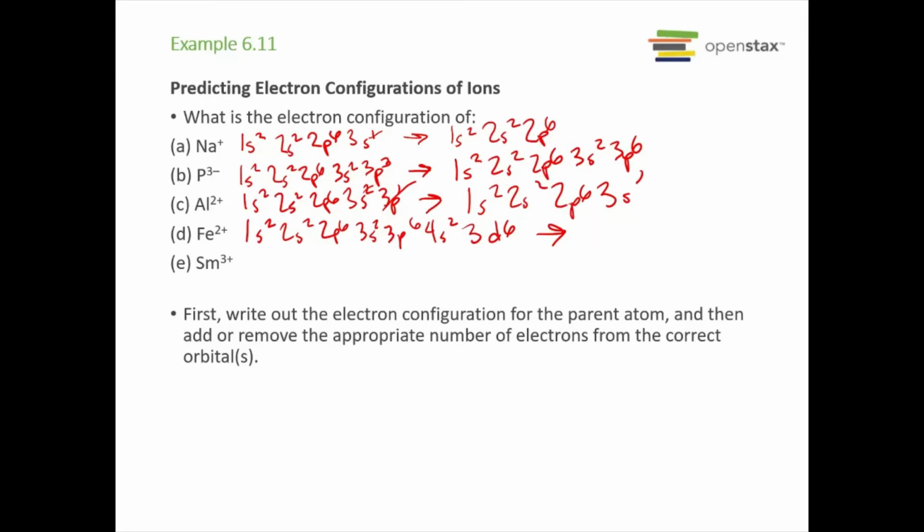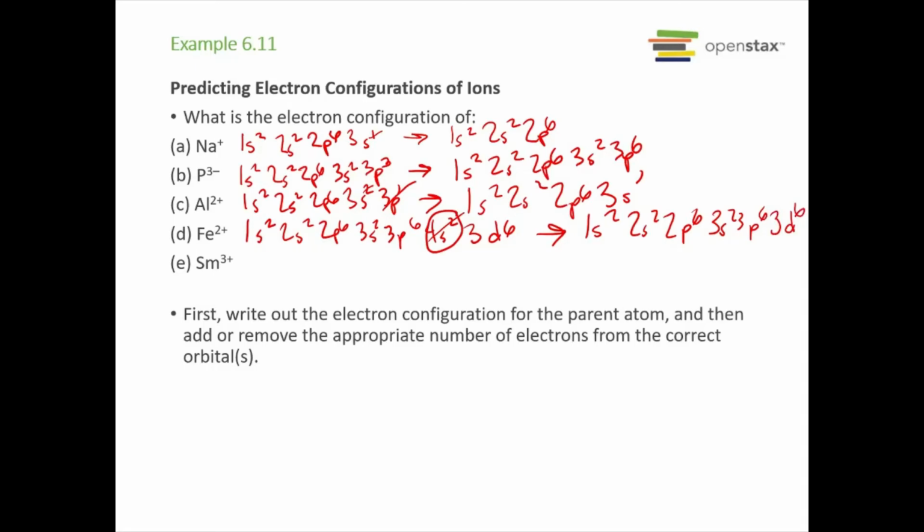That means those electrons are going to come from the s orbital first, not the d orbital. So they're going to come off from this 4s2, both of them. Now this leaves us 1s2, 2s2, 2p6, 3s2, 3p6, 3d6.